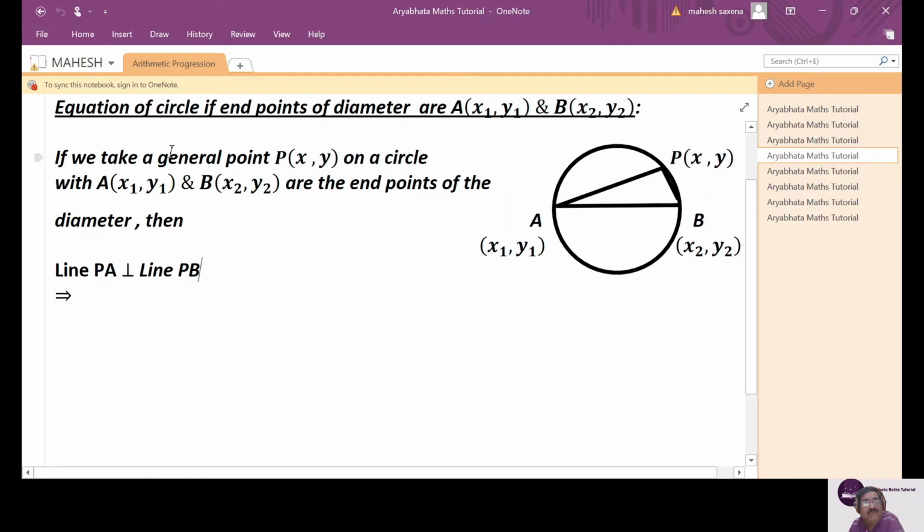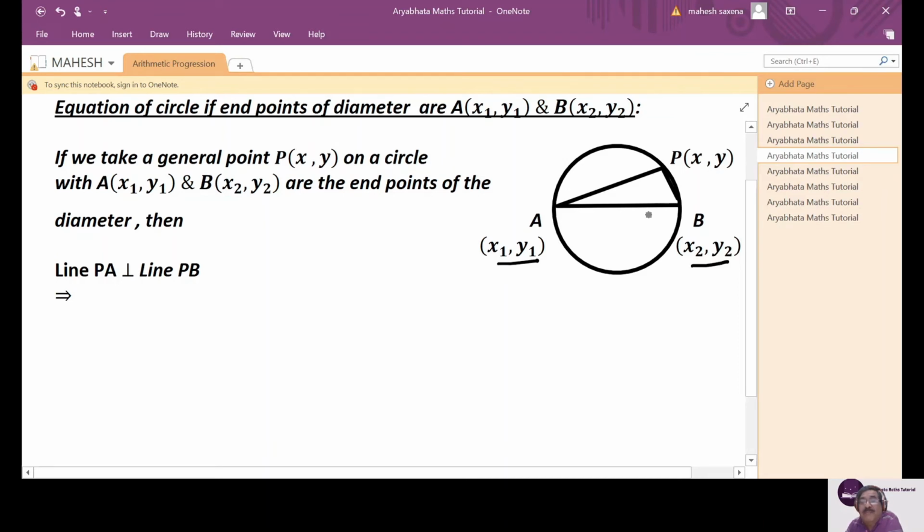Suppose we have to find the equation of a circle if the end points of the diameter A (x1, y1) and B (x2, y2) are given. Let this AB be the diameter of the circle whose end point of the diameter is x1 y1 and second point is x2 y2.